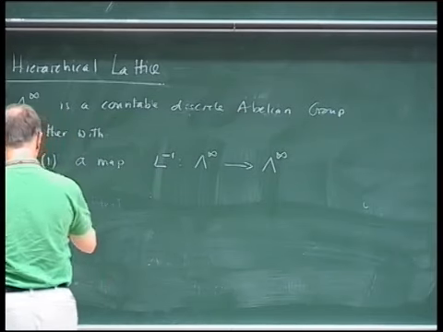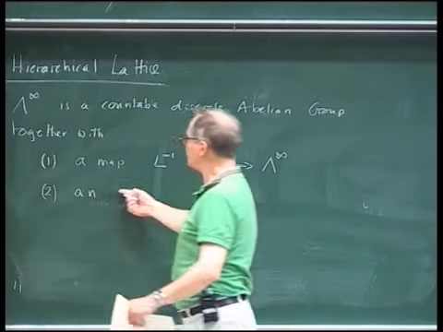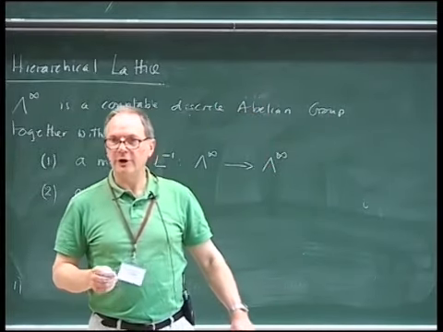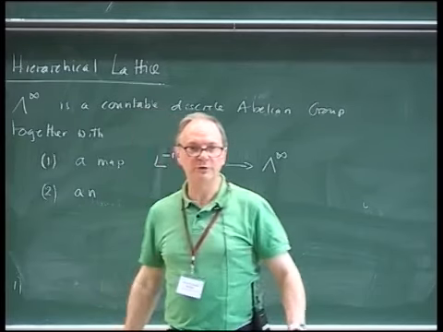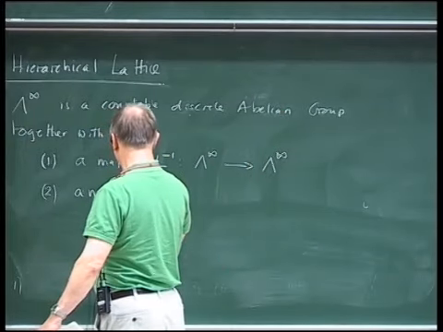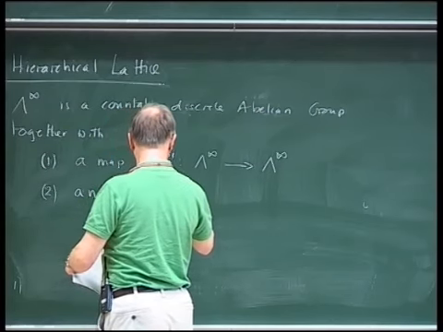Two, there's a notion of distance on this thing, and a distance is defined by some kind of a norm, right? This is better than a norm. It's called an ultra norm. There's an ultra metric. I'm trying to tell you what that is.